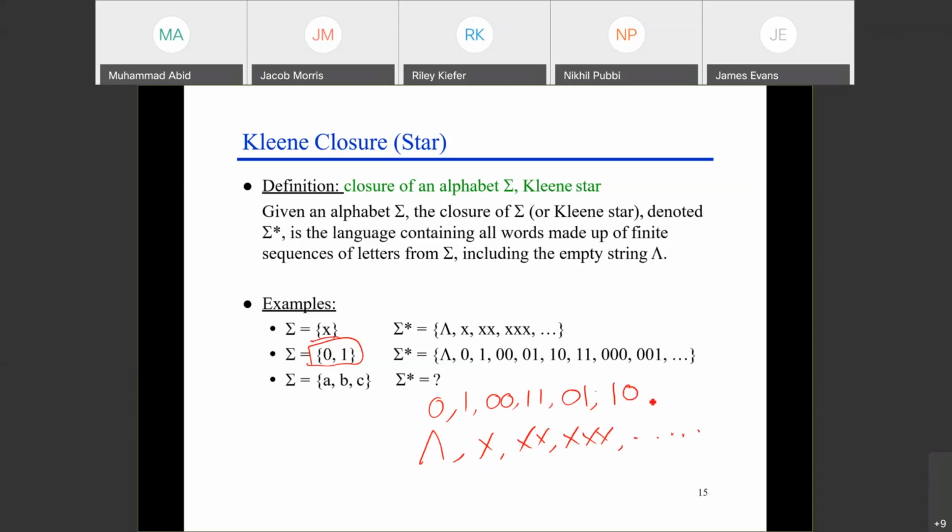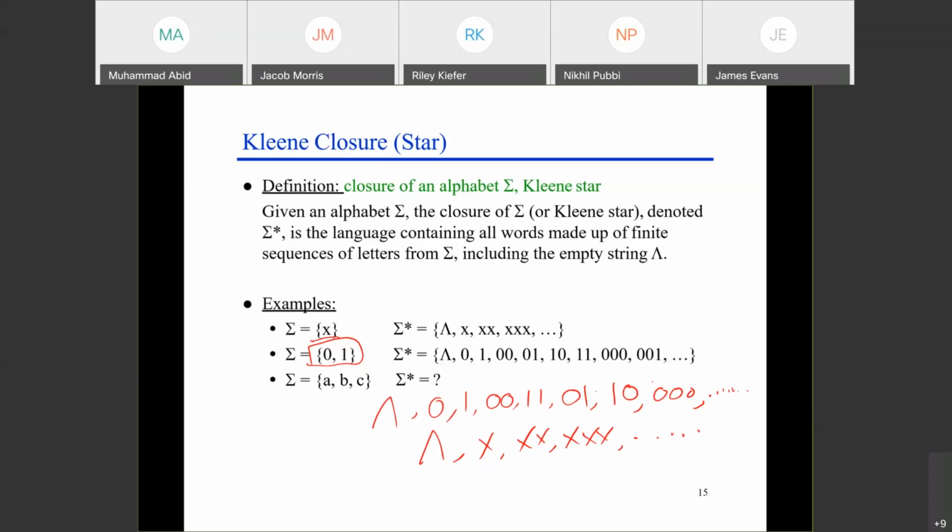Then you go to the three-letter words, 0 0 0, and this way you can make all possible combinations of these alphabets. Besides that, lambda is also part of this language, regardless of whether lambda is there or not.